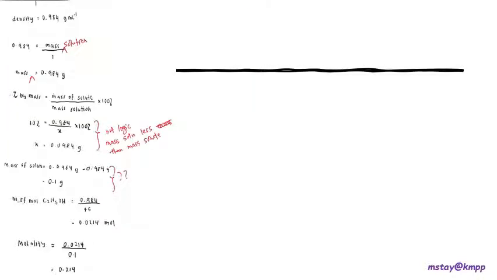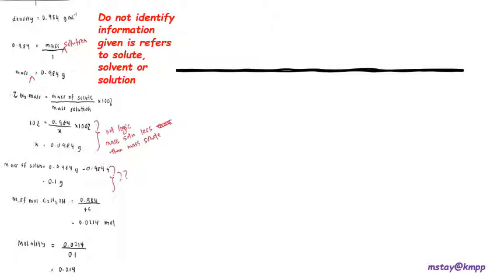Let's look at the working steps from the student. First, the student did not identify whether the information given in the question refers to solute, solvent, or solution, and just used it in the calculation. The mass of solution is 0.0984, which is less than the mass of solute, 0.984.